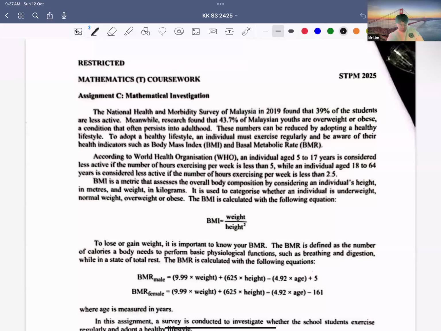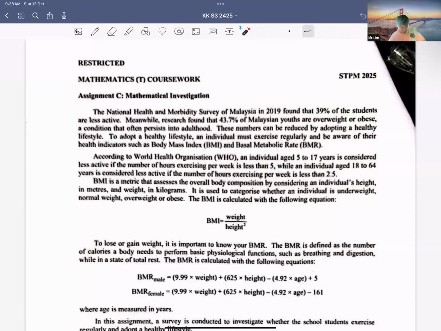Not to calculate BMI and BMR exactly, but you will use it to compare the data. So let's read the first two paragraphs.